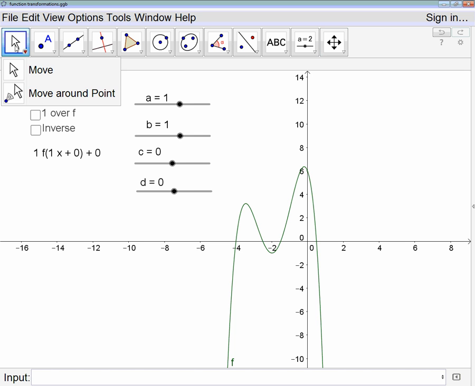I've got this function, and you can see I've got a 1 out in front, f of 1x plus 0 plus 0. So what I've basically done here is I've created a slider, 4 different constants, for these 4 variables. And what happens when we change these variables? As it is right now, we could simplify that function down to just f of x.